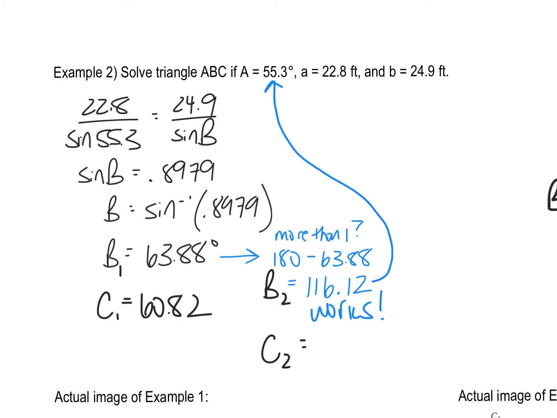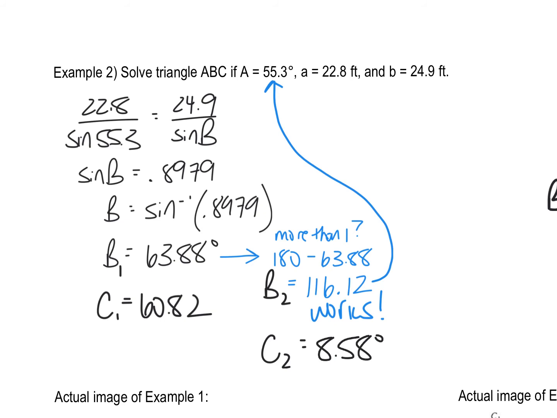This is my first angle given in the problem. That doesn't change. That was given information, but that works with this angle that I found using law of sines and this angle that I found subtracting from 180. Or if I use angle A with this B that I found in the ambiguous case, multiple triangle situation, I get a second angle for angle C of 8.58 degrees.